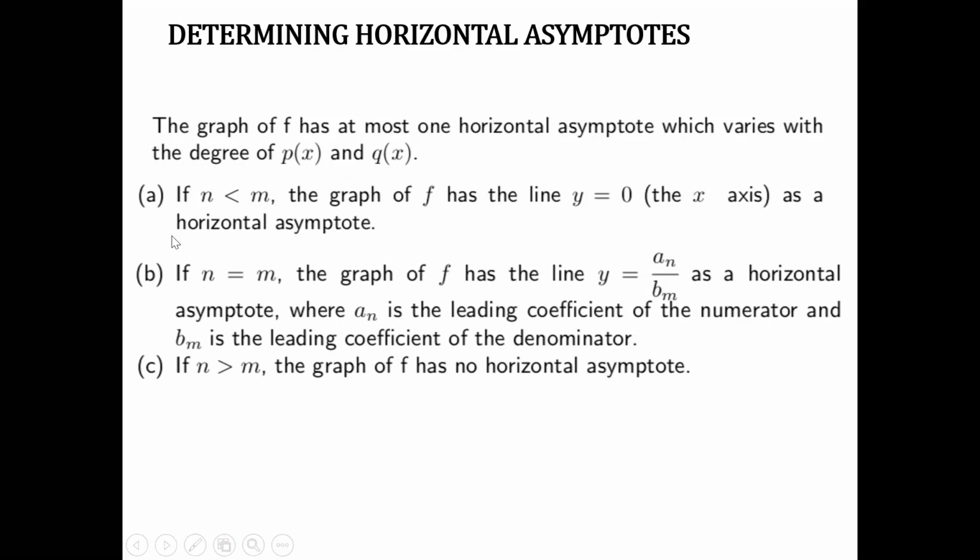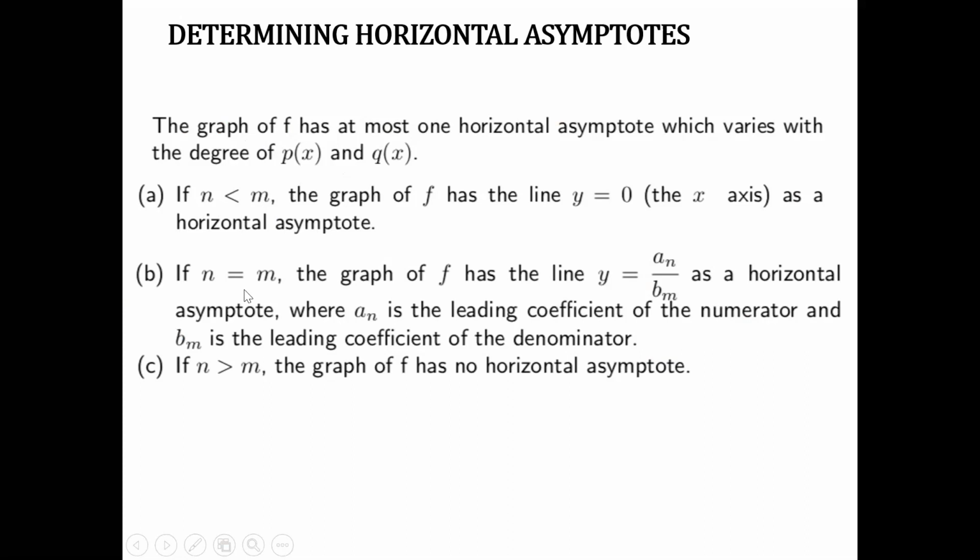We have three possible cases. Here, n and m represent the degree of your numerator and the denominator. If the degree of the numerator is less than the degree of the denominator, you have y equals 0 as your horizontal asymptote.